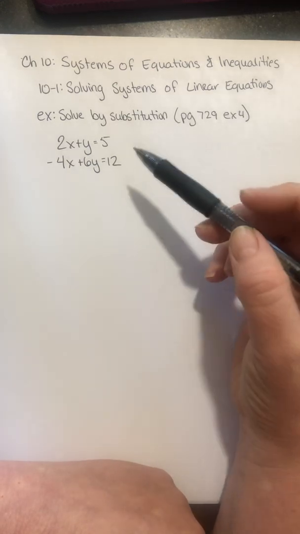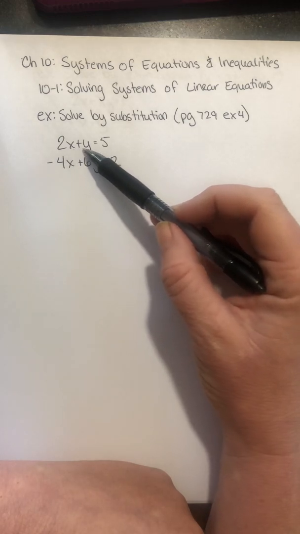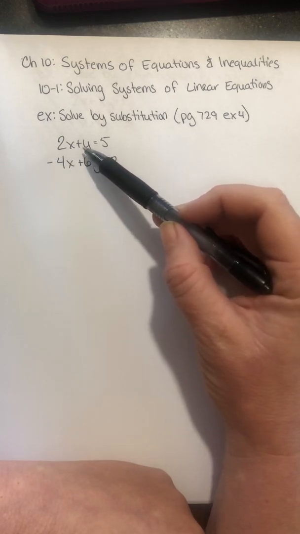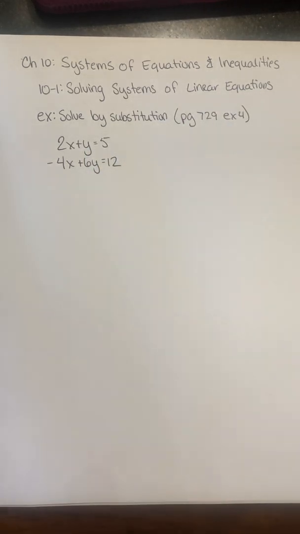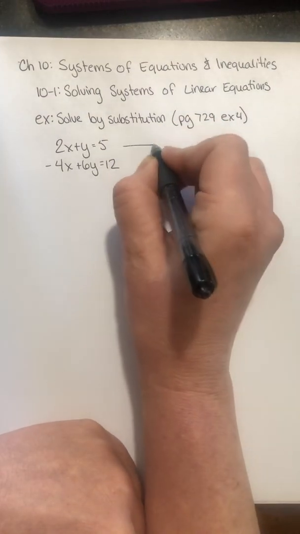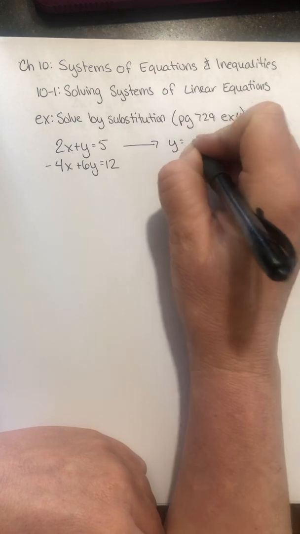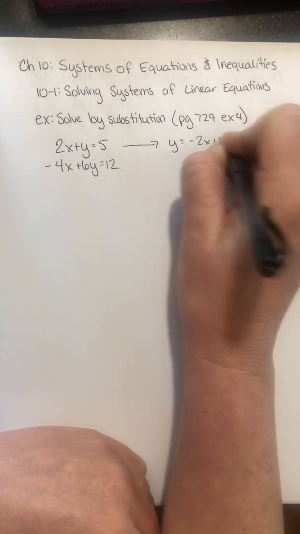So for this example, I'm going to solve this top equation for y because there's no coefficient for y. It looks to me like that would be the easiest thing to solve for. So to do that, I would subtract 2x from both sides to get y equals negative 2x plus 5.